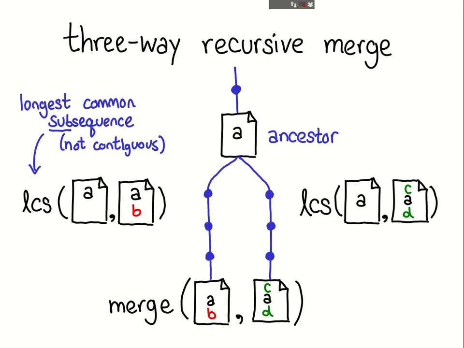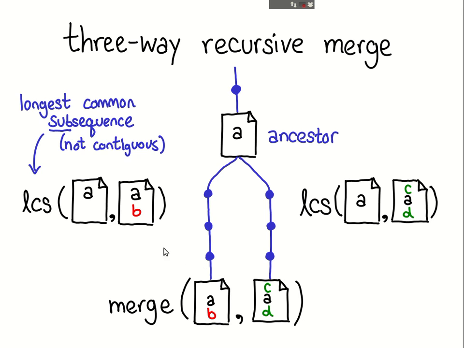Next, we'll take the longest common subsequence. We'll calculate the longest common subsequence between the ancestor and the documents. A longest common subsequence is a non-contiguous sequence which occurs in both documents, and the longest common subsequence is the longest such one.